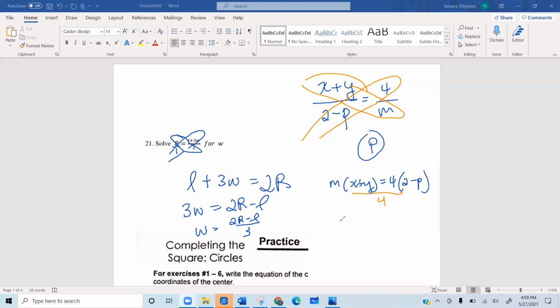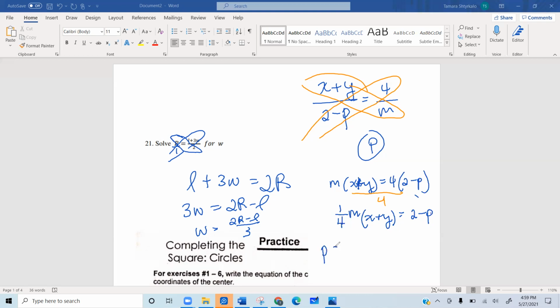And so you'll get, this is a little sloppy here. So we'll have 1/4 m x plus y equals, and now I can do the 2 minus p on its own. And then what I would do is bring the p over to the left.